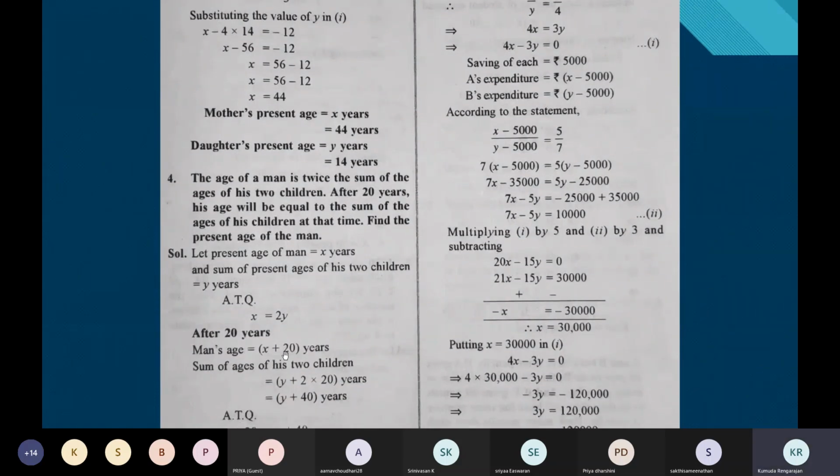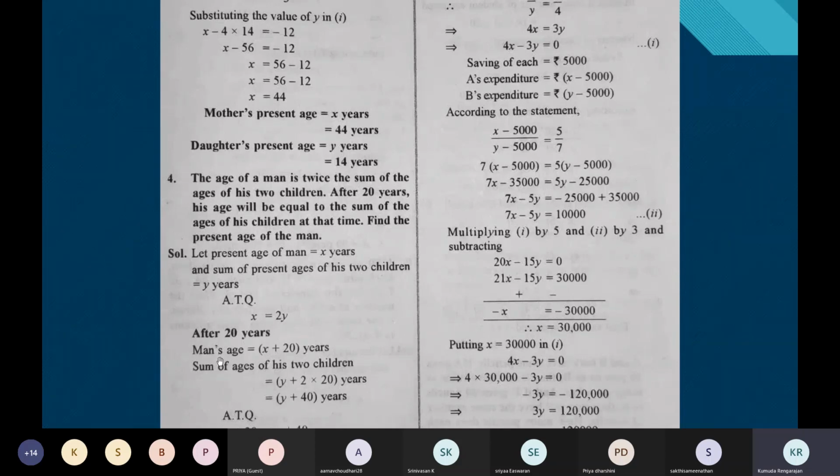So the man's age after 20 years will be x plus 20. The sum of the ages of his 2 children: there are 2 children, so they have done 2 into 20 here. That is y plus 20 plus 20. Y is the sum of their present ages. So after 20 years, 2 into 20, 40, should be added.